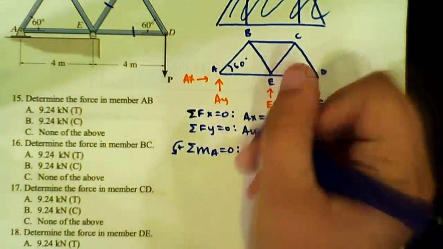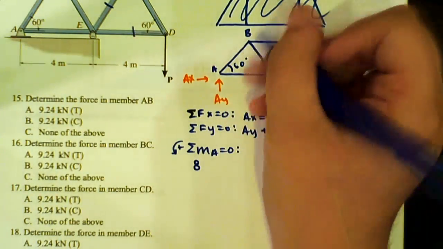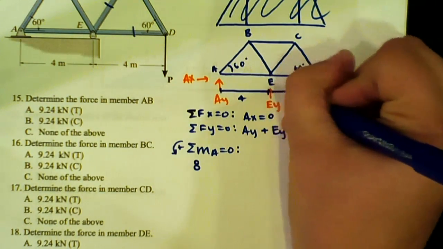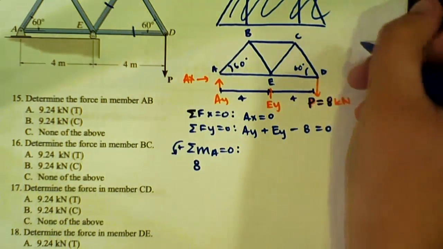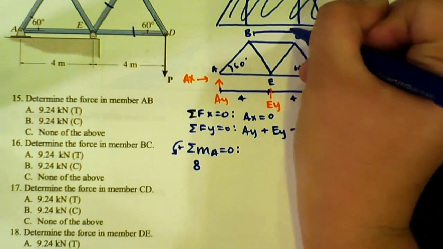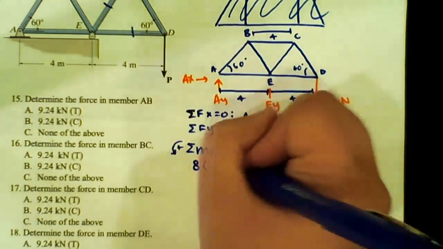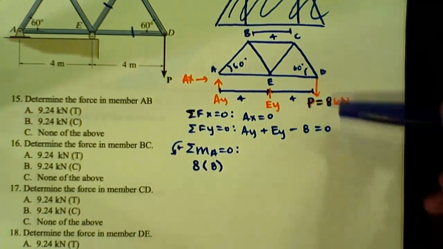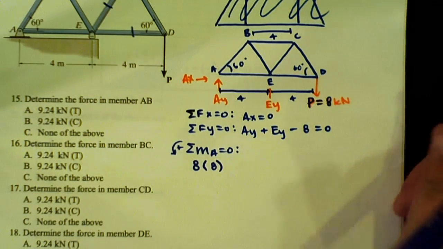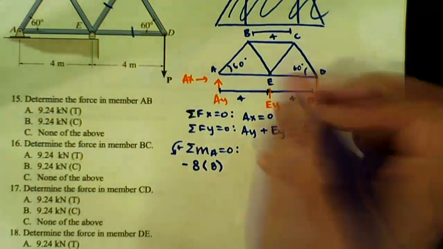So just looking at the 8 and taking a moment about A, we know that this distance is 4, this distance is 4, and the stop distance is 4. So we have 8 times 8, and our P force creates a counterclockwise or clockwise moment about A? Clockwise, so that means it's going to be negative.